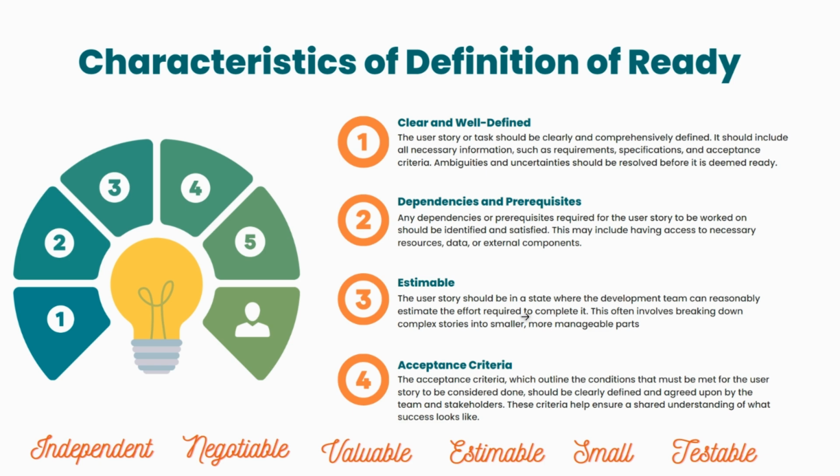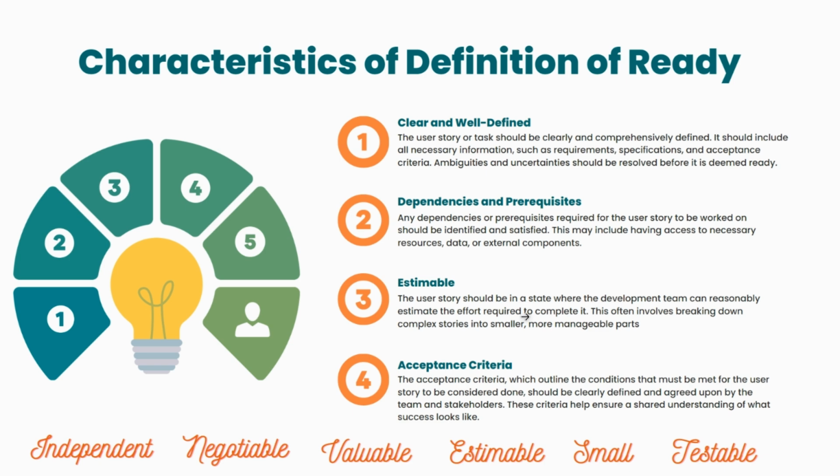In other words, you must be knowing about INVEST, right? When we are writing a user story, we follow that INVEST word, where I stands for independent, N stands for negotiable, and so on: valuable, estimable, small, and testable.